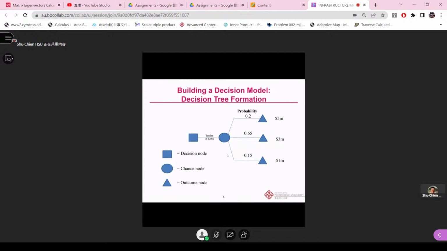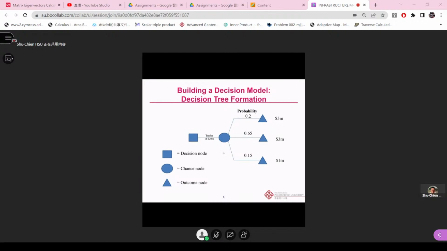So how can we do that? We have a decision node, which is the square node, and it seems we only have a single layer here. We only make one decision: the contractor has won this contract, and the tender is 20 millions.